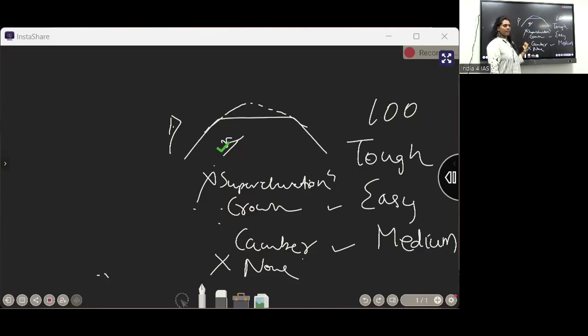Now, in the previous exam they would have asked about the most elevated portion. When the next question comes, identify the layer which is helpful for drainage, straight away you can go for camber. Simple. And similarly in your other subjects also. In these 100 questions you can segregate tough, easy and medium.